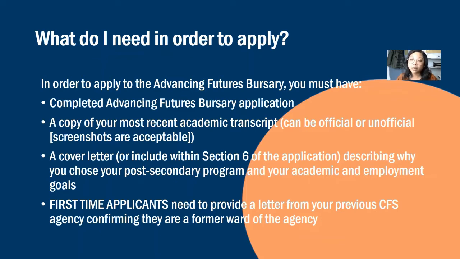You need to have a copy of the most recent academic transcript, and that can be an official or unofficial transcript. So you can screenshot your transcript and email it to us, but it doesn't have to be an official transcript.